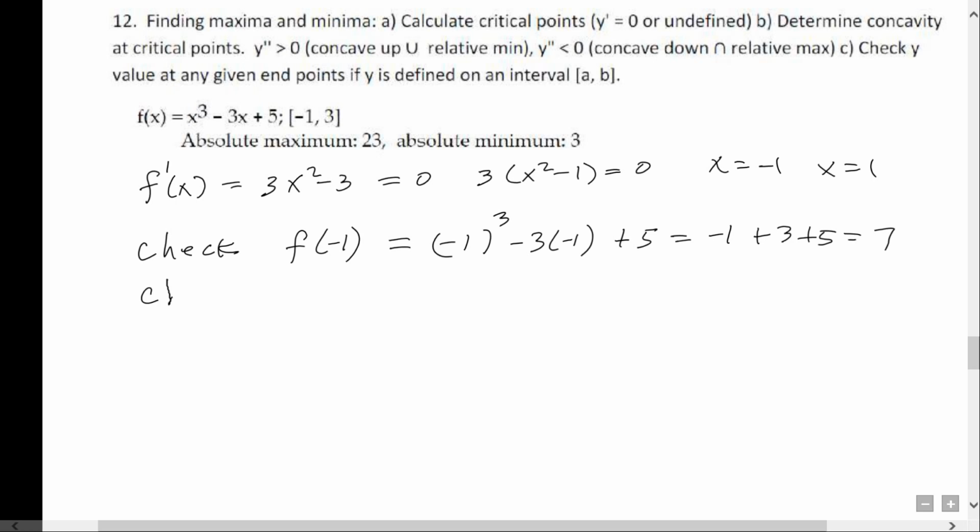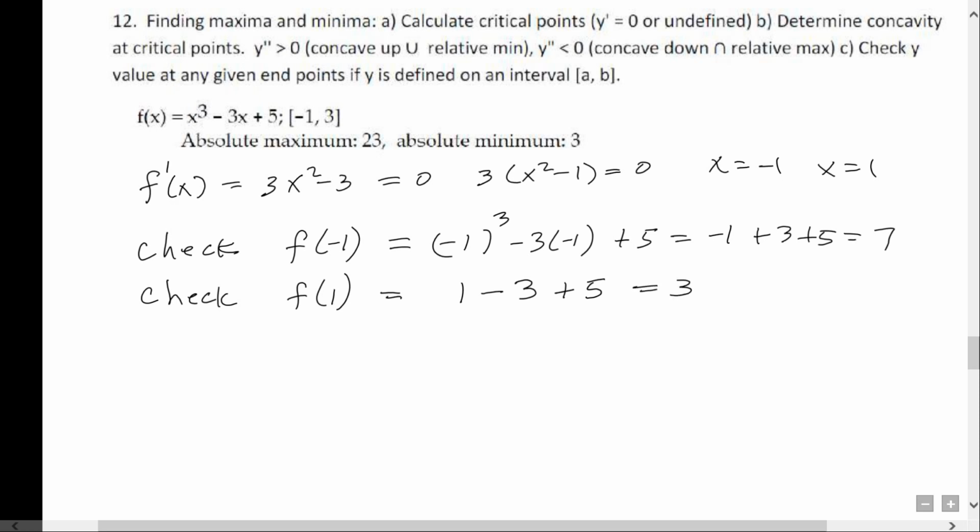Let's check f at plus 1. And of course we get 1 minus 3 plus 5 equal 3.